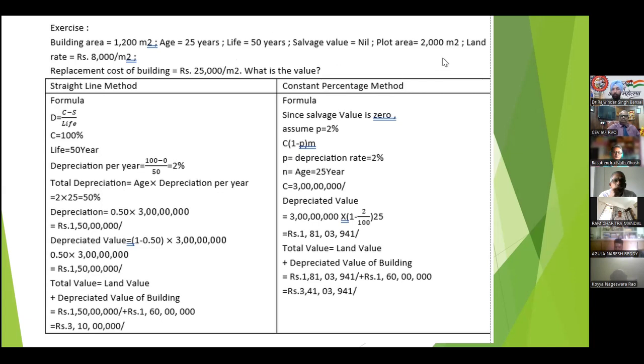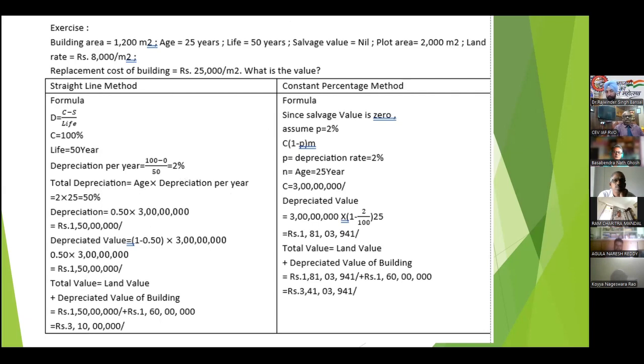Area of the building is 1200 square meter and the cost of construction per unit is 25,000 per square meter. So what will be the cost of constructing a new building? 25,000 into 1200. So 3 crore is the cost of constructing the building.